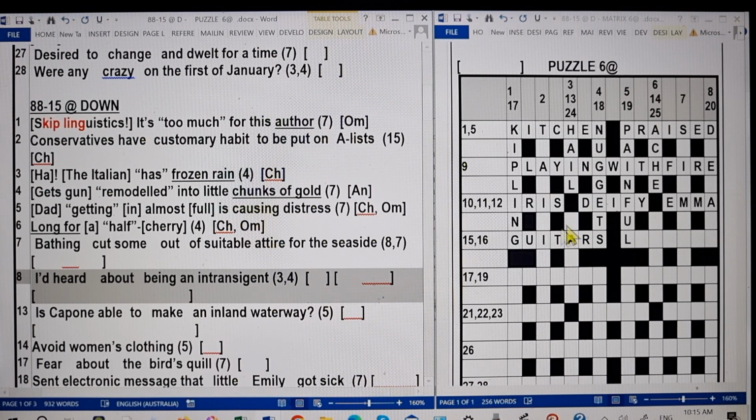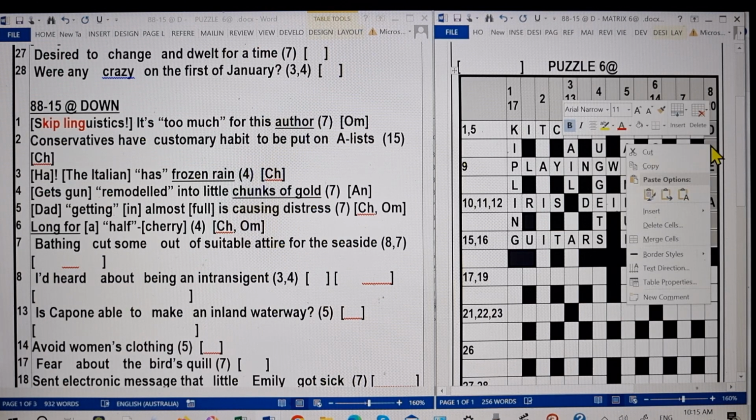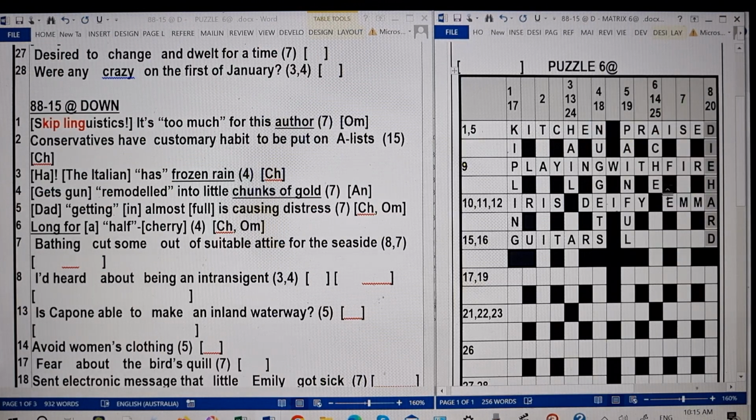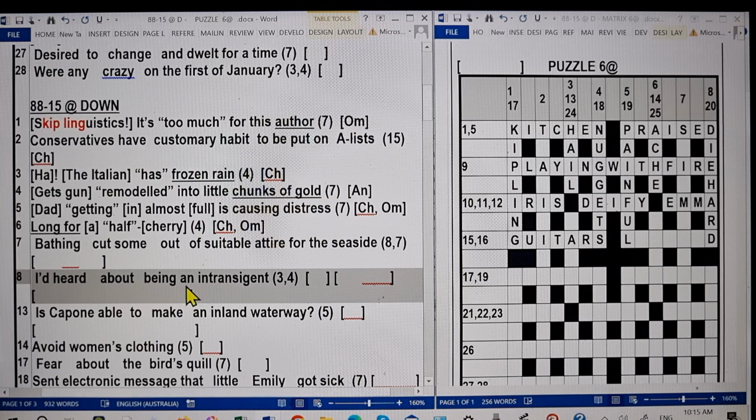Okay, back again. Well, the answer is die hard. Die hard, you say. How did you get die hard? Well, you've got to look at your clue. I'd heard about being an intransigent, and of course the key is intransigent. And what's an intransigent?